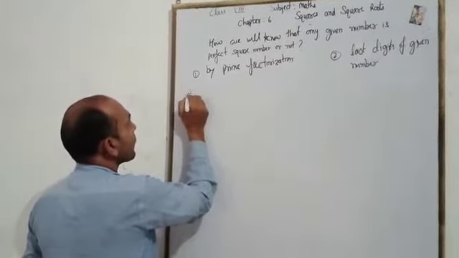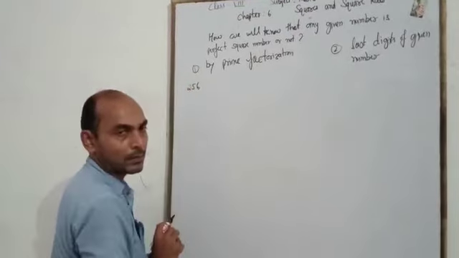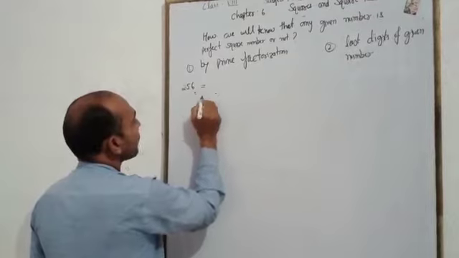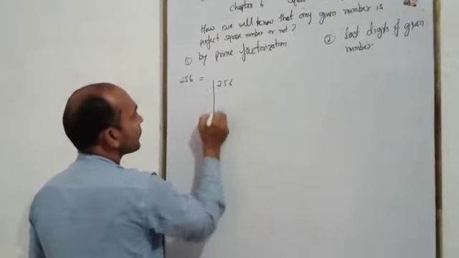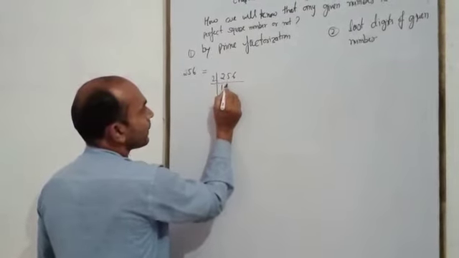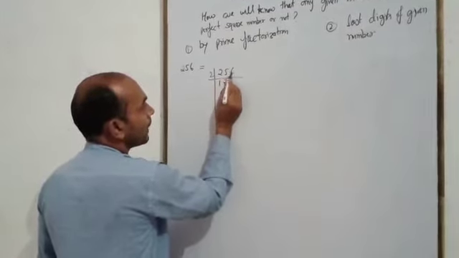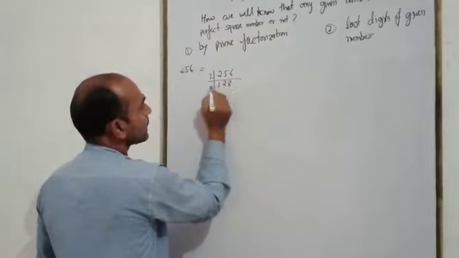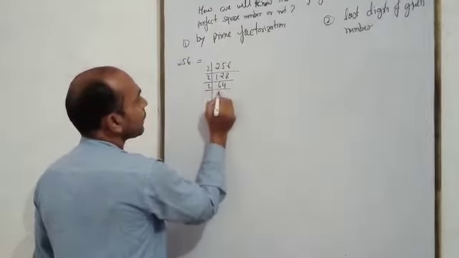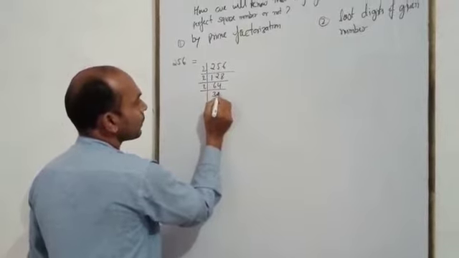Suppose 256 is given. Now what do we have to do? We have to find the prime factorization of 256. It will divide by 2: 2 ones are 2, 2 fours are 8, 2 eights are 16, 2 sixes are 12, 2 fours are 8, 2 threes are 6, 2 twos are 4.